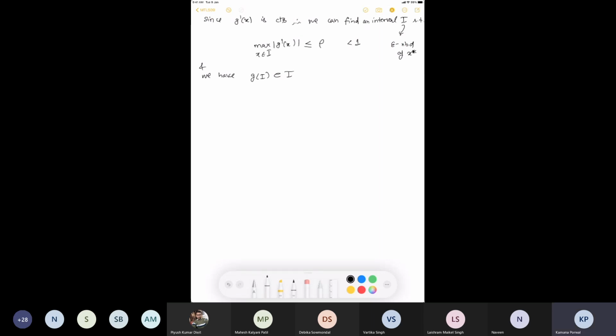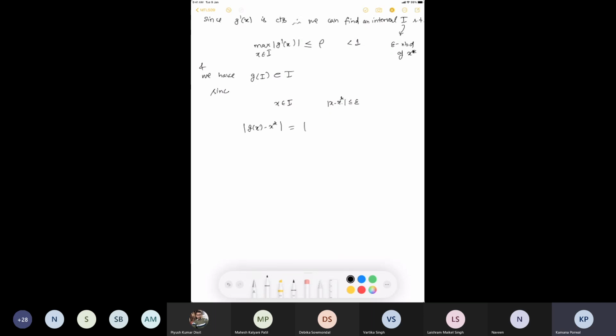So what we have to check is that if we take any x in I, that is, if |x minus x star| is less than or equal to epsilon, then my g(x) is also going to be in I. So we need to check whether |g(x) minus x star| is also less than or equal to epsilon or not, right?